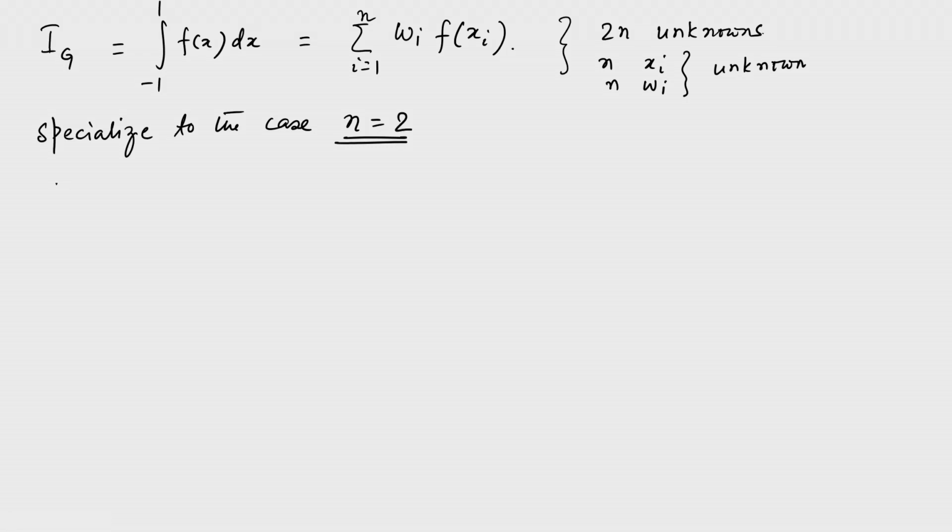So, we have 4 unknowns in that case because it is 2n, namely x1, x2, W1, W2, the weights associated with them.